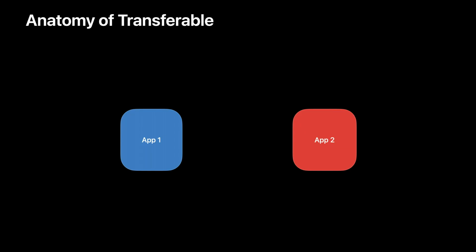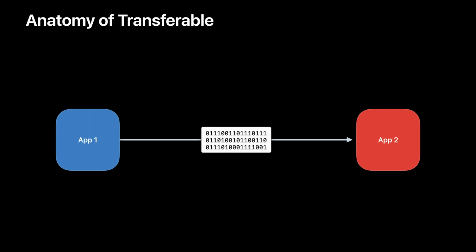Say there are two applications running, and the user wants to pass some information from one app to another via copy-paste, share sheet, just drag, or use some other app feature. When you send something between two different apps, there's all this binary data that goes across.